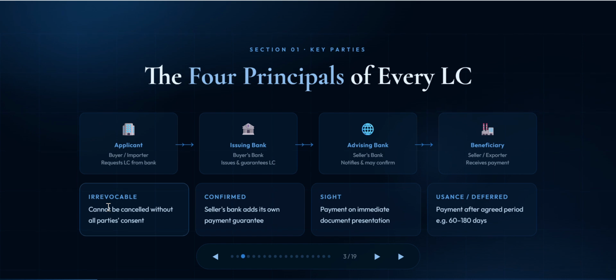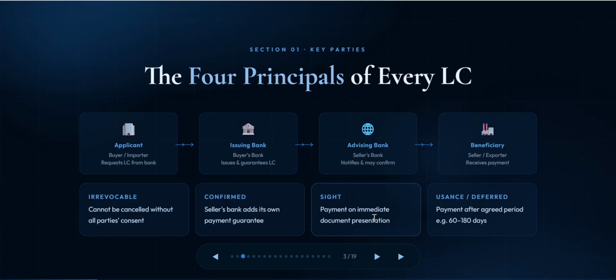By default, all the LC terms are mentioned, and it's an irrevocable documentary credit when issued. In case a revocable letter of credit needs to be issued, it has to be clearly stated in the letter of credit.